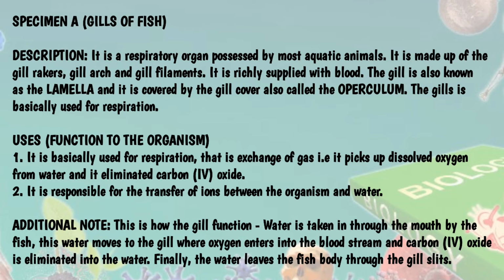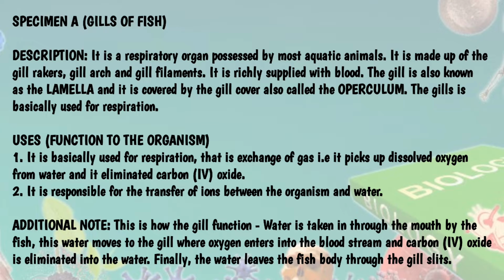The gill is richly supplied with blood because of its function, because the blood has to transport oxygen. So the gill is able to absorb oxygen from the water into the blood. Then the blood does its own function of transportation, and the gill also removes CO2 from the blood back into the water. So in essence, the gill is typically an organ of respiration.